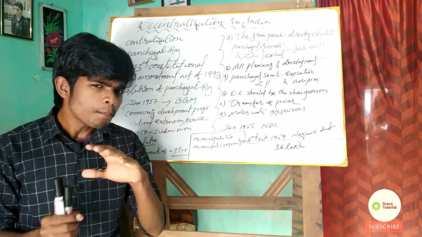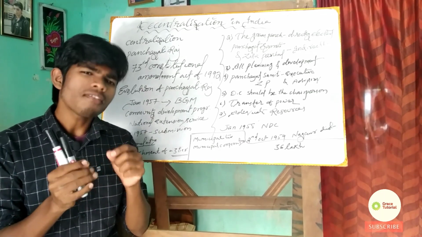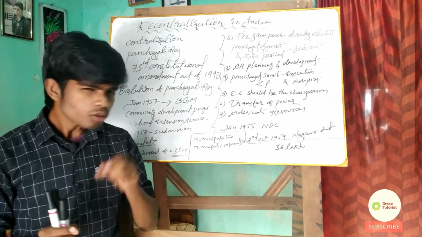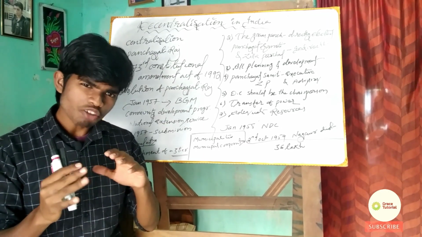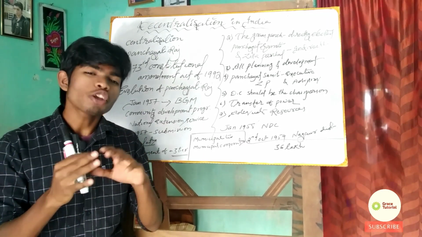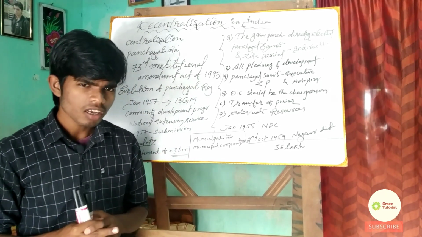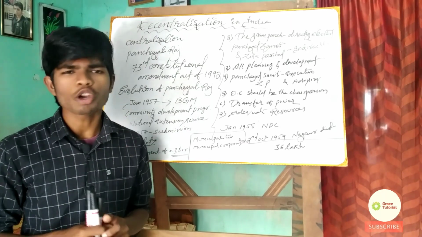Centralization means the concentration of authority at the top level of the administrative system. On the other hand, decentralization means dispersal of authority among the lower levels of the administrative system. Let me give you a brief understanding of this.